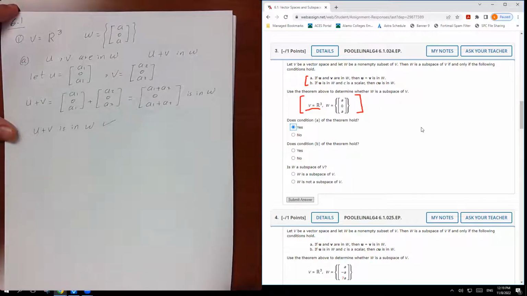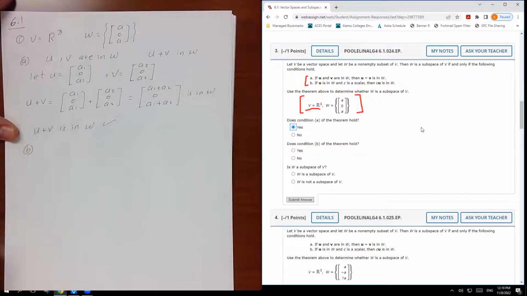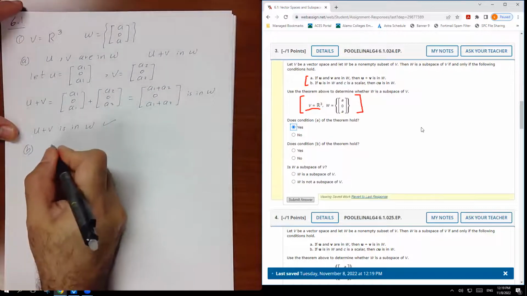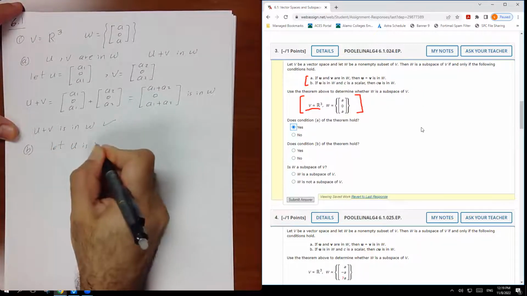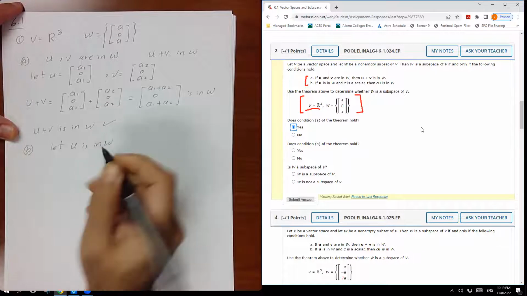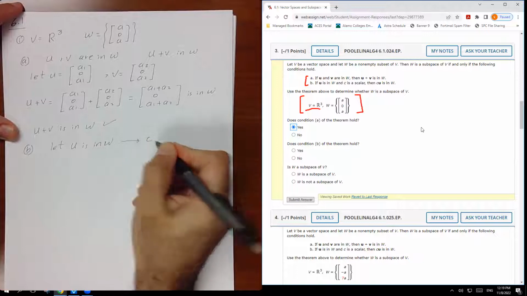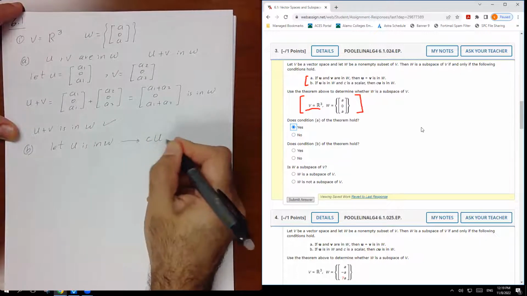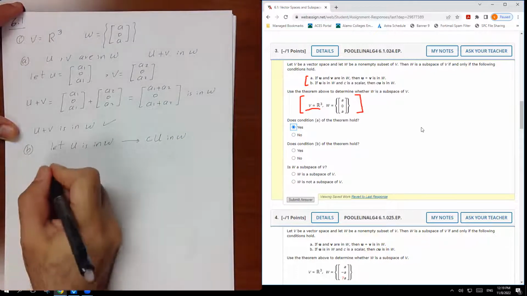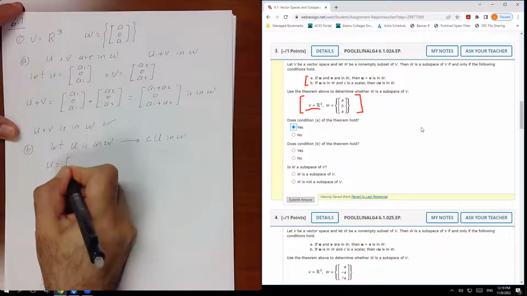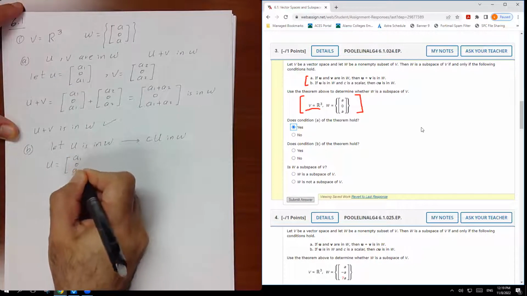Now let's check the second one, condition B. We're going to let U be a vector in W. We need to prove that scalar C times U is going to be in W. So U equals A1, 0, and A1.